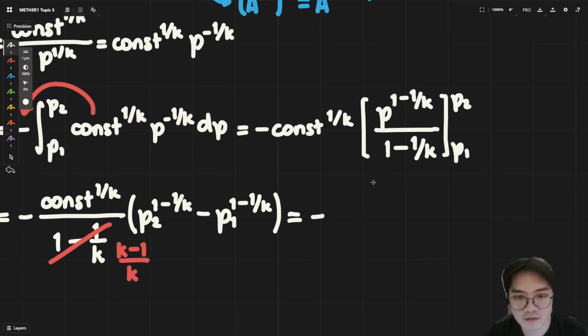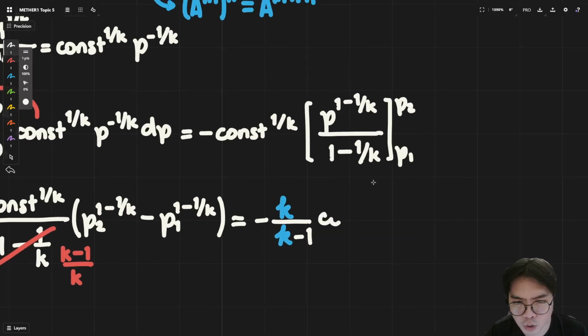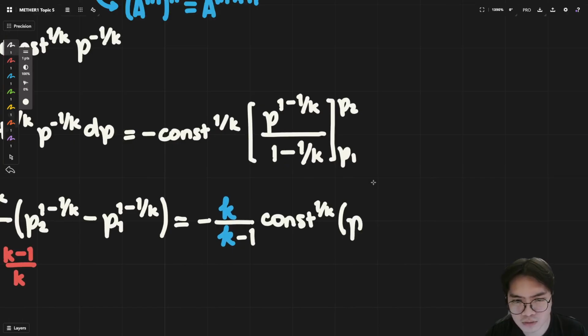So you'll now have negative, and I will bring back the cursive. Finally, things are easing a little bit. Negative k over k minus 1 times your constant raised to 1 over k times this thing, P2 raised to 1 minus 1 over k minus P1 raised to 1 minus 1 over k.